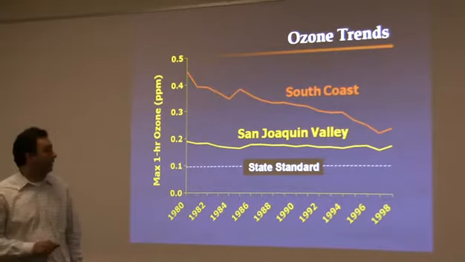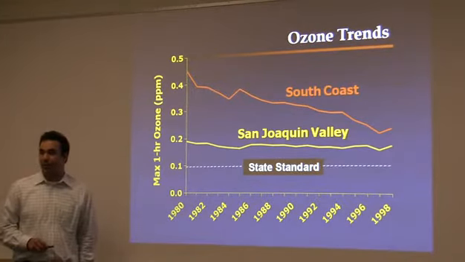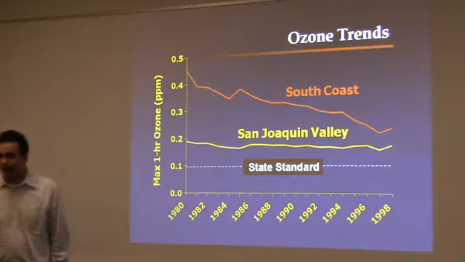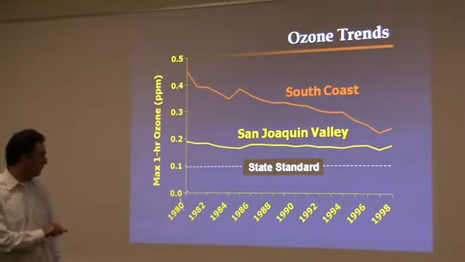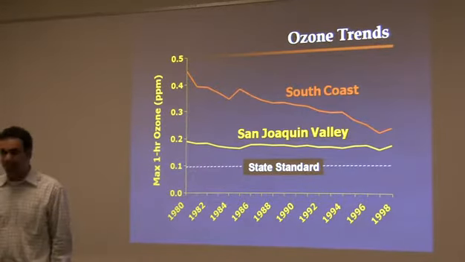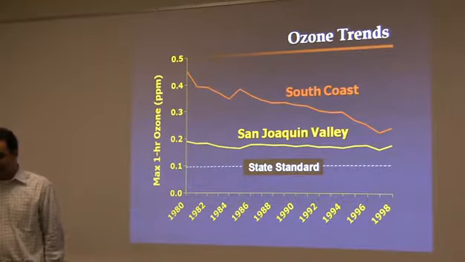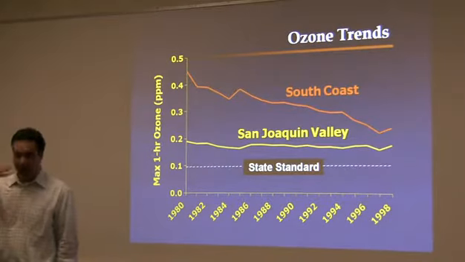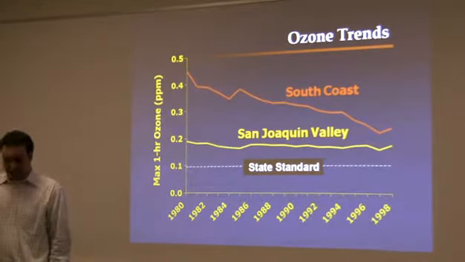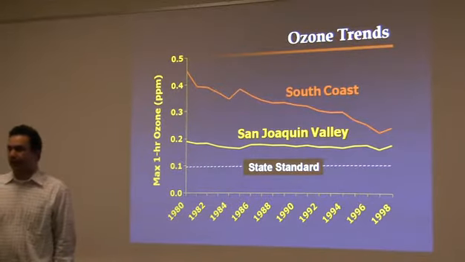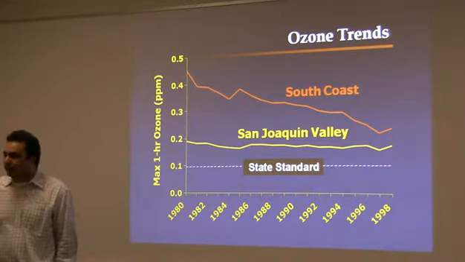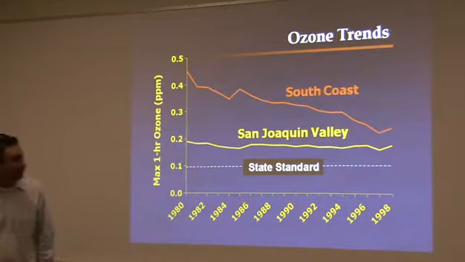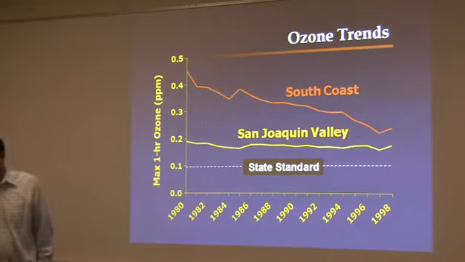Look at the data, and if you have older friends or relatives that lived here in the 70s, I talked to some of those people. They say that as children they would go out and literally tear up because of all the peroxyacetyl nitrate that was out there. Really nasty air quality. So are we there yet? No, we are not.